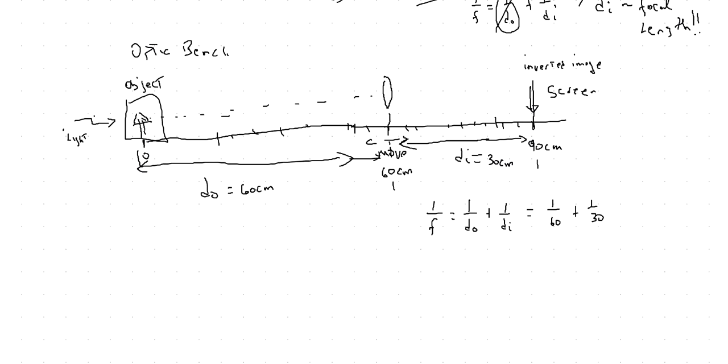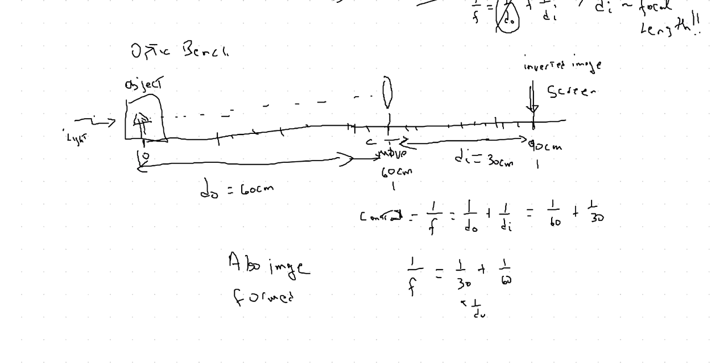Now, notice we also would have an image formed. Remember, the focal length doesn't change. This is a constant. Since DO was 60 and DI was 30, you should get the same result if we do 1 over f equals 1 over 30 for DO plus 1 over 60.